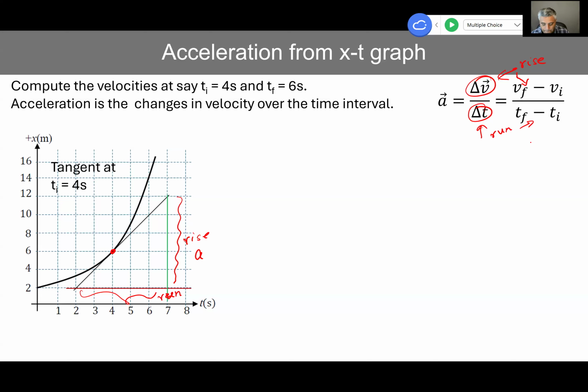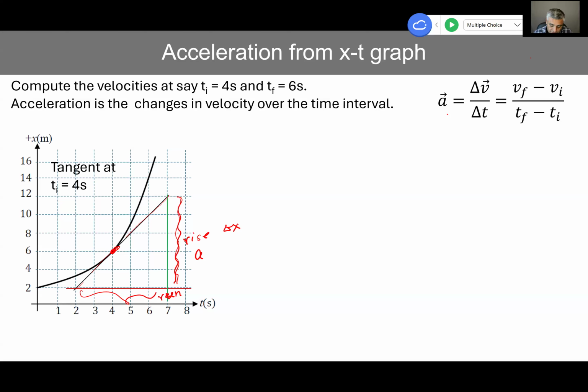Okay. So you need to find the slope of this tangent line. I drew the tangent line here. So how much is this rise? This rise means delta V, sorry, delta X. For a moment, I guess we use that for the velocity versus time graph.